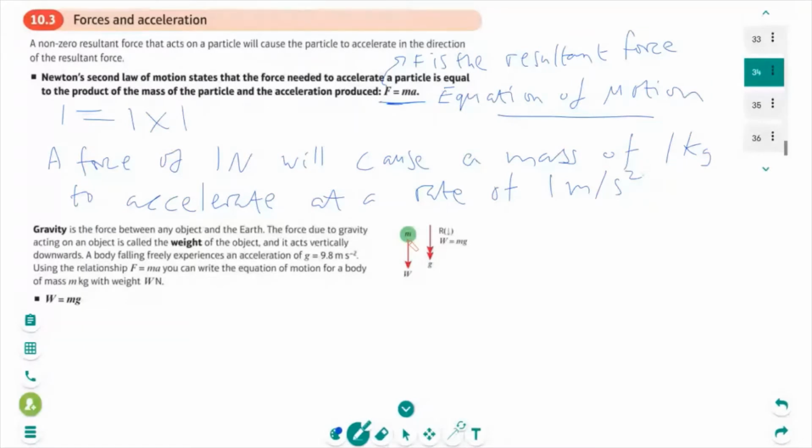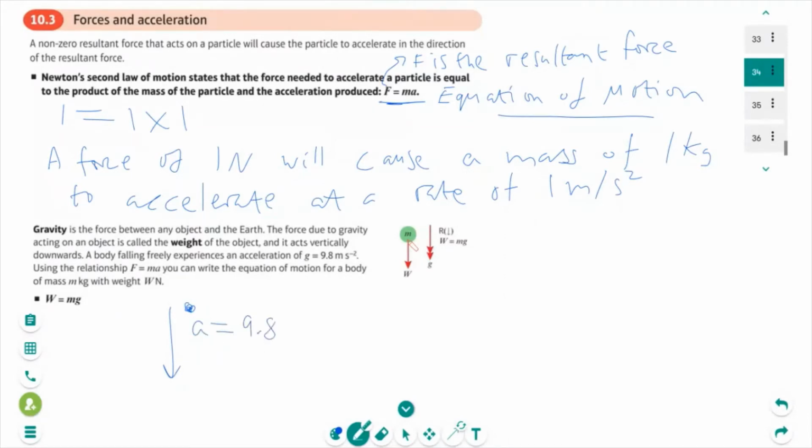Okay, so you can apply that equation to gravitational force. Gravity is the force between any object and the Earth. Remember, when you drop an object, it's accelerating towards the Earth at 9.8 meters per second squared.